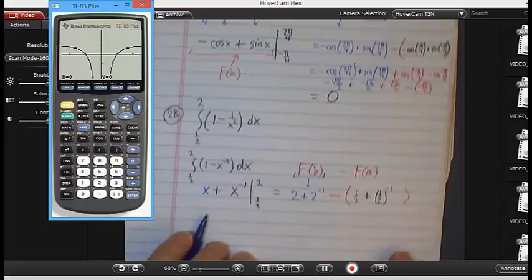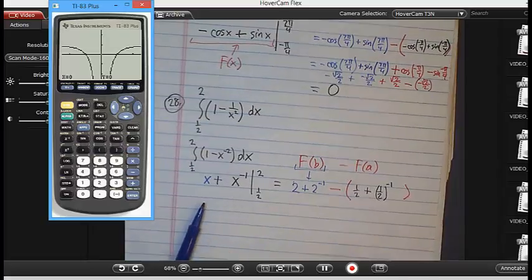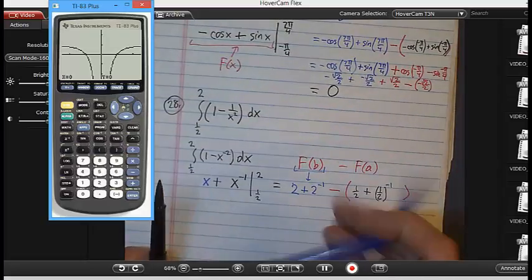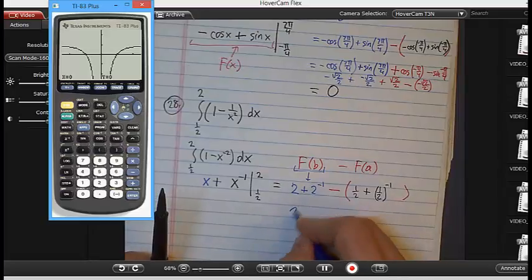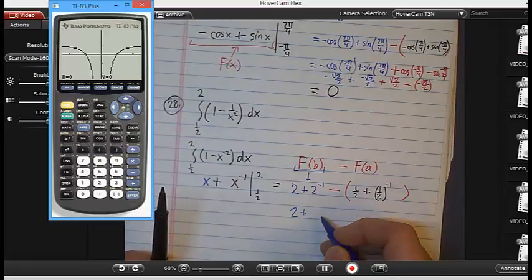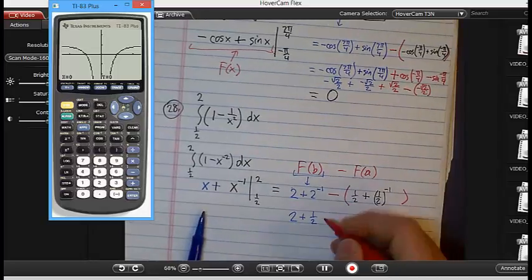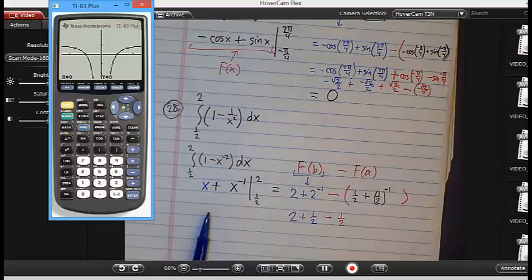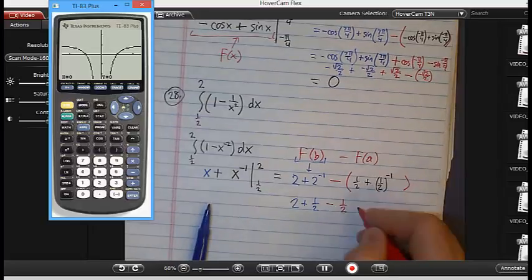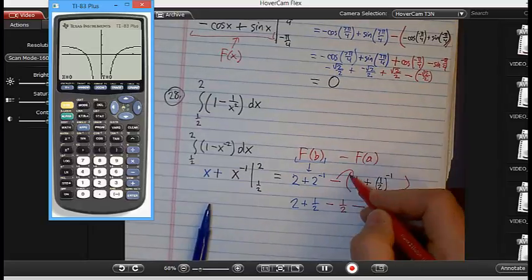So let's see what happens here. This piece is, what's 2 to the negative first power? What's that mean? 1/2. Good. And now I'm subtracting 1/2, right? And what else am I subtracting because I distribute the negative?